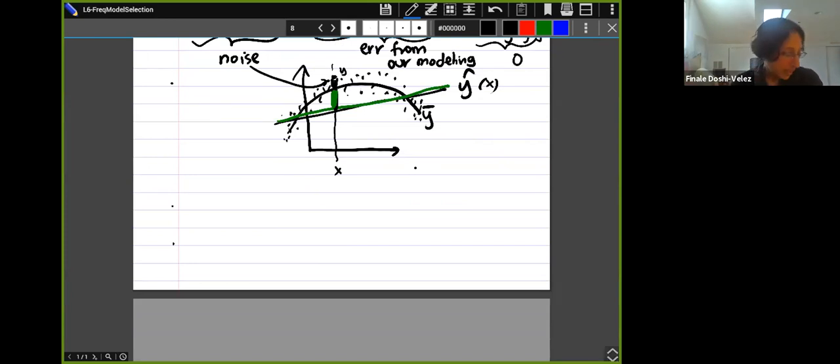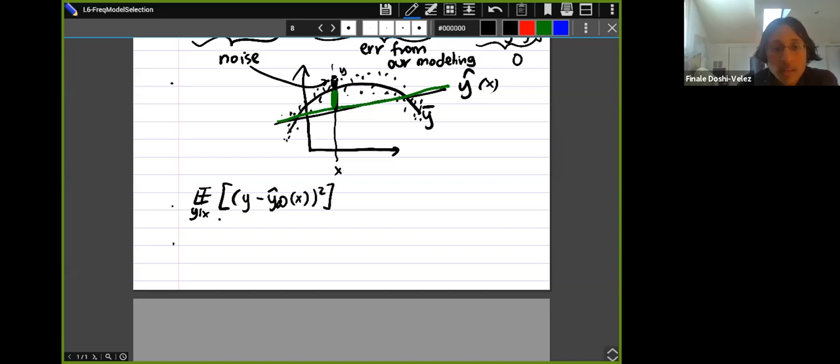Okay, so now let's try to think about this term. Let's clarify some of these expectations. We have the expectation of y given x of y minus y hat from a particular data set, squared. Y bar doesn't depend on the y anymore, right?